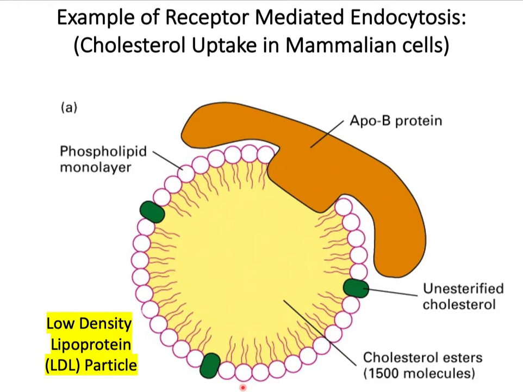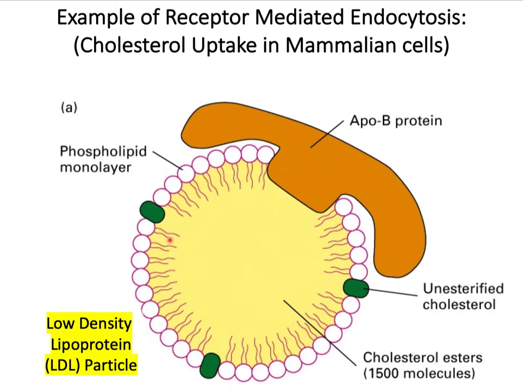Most of the cholesterol is carried in these large particles of low-density lipoprotein, or LDL particles, which is responsible for delivering cholesterol from the liver to the intestine to all cells in our body. These particles are delineated by a phospholipid monolayer. So this is important: it's not a bilayer, it's a phospholipid monolayer.